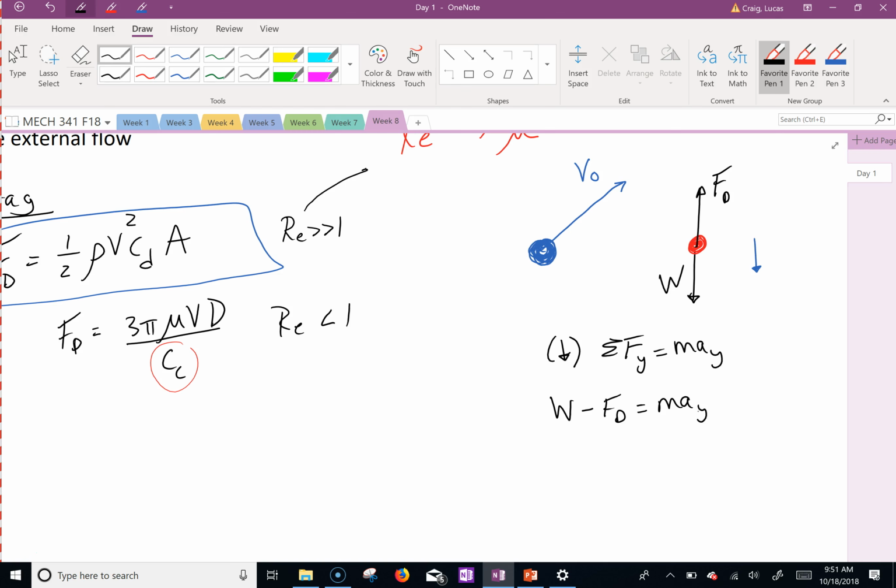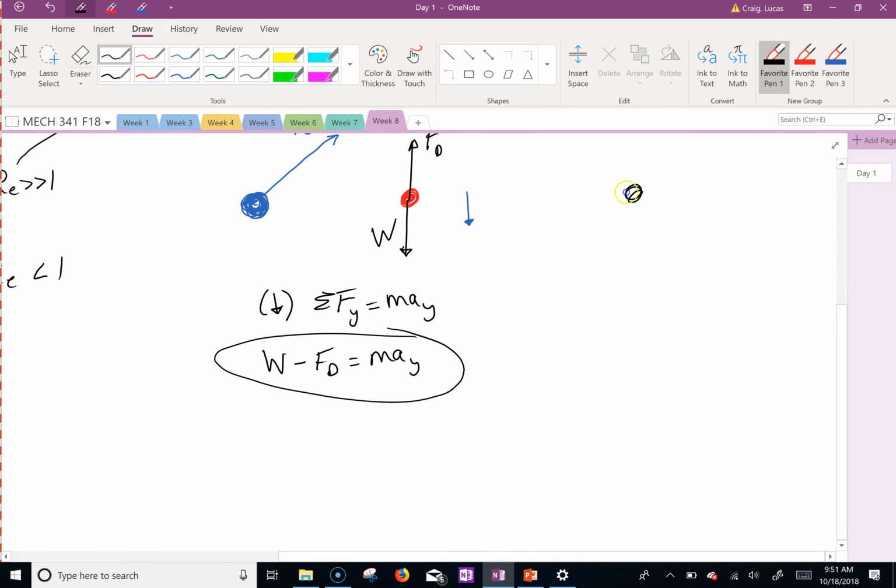A lot of students, and I hope this makes sense, this right here, Newton's second law, is used to find acceleration. If we have drag in there, this isn't 9.81. If you just had weight, like we do in physics, and we sum the forces, this was mg equals ma.